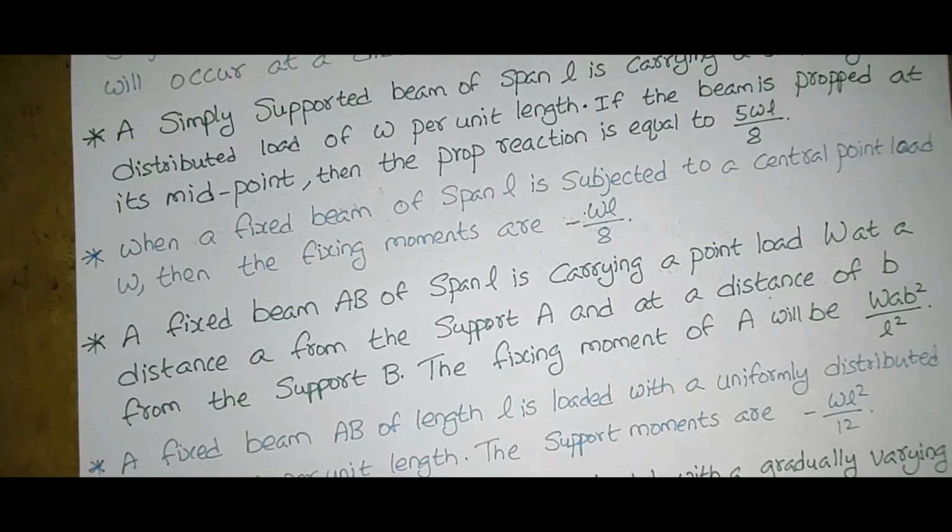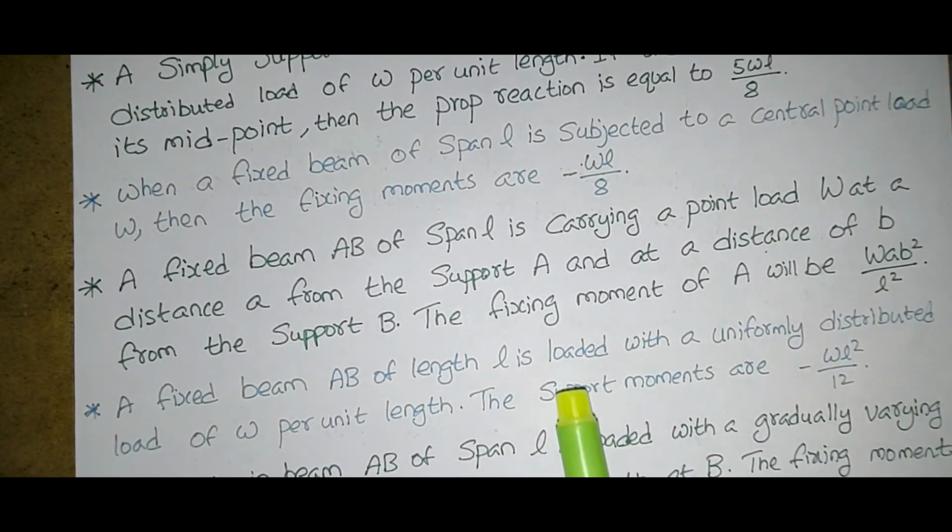A fixed beam AB of length L is loaded with a uniformly distributed load of W per unit length. The support moments are minus WL square by 12.